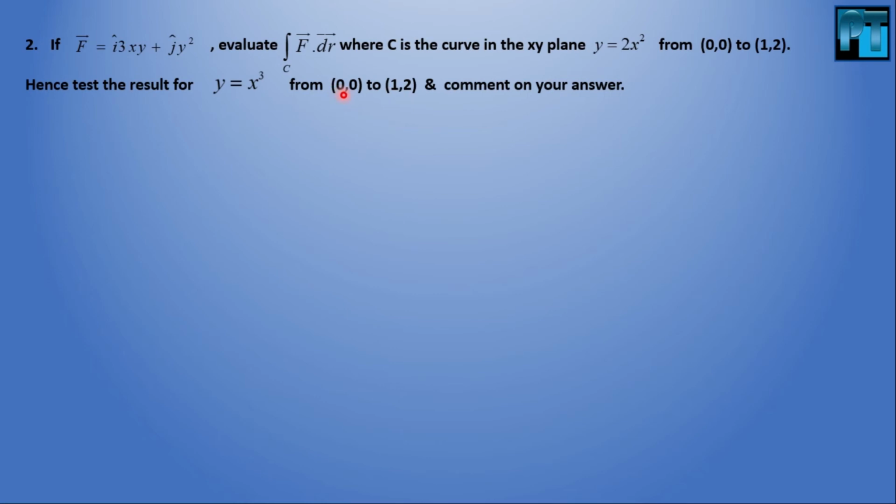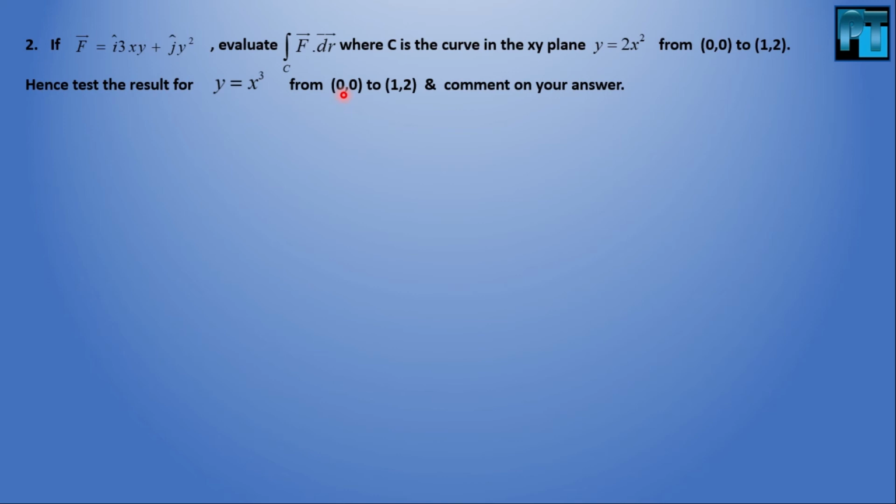Now see, this type of question is actually asking about what F is, like whether F is conservative or not. If it is path independent, then it is conservative. If it is not, then it is not.